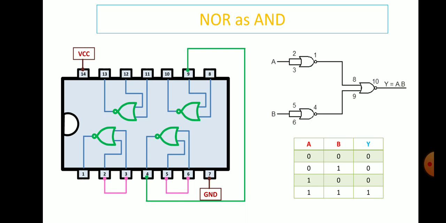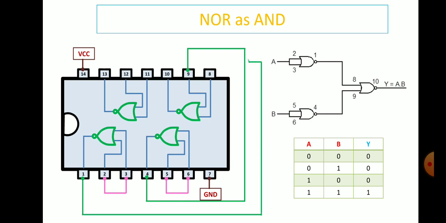Similarly pin number 1 has to be connected to pin number 8. Input A and B are taken from pin number 2 or 3 for one input A, and pin number 5 or 6 for the other input B. The output is taken from pin number 10.